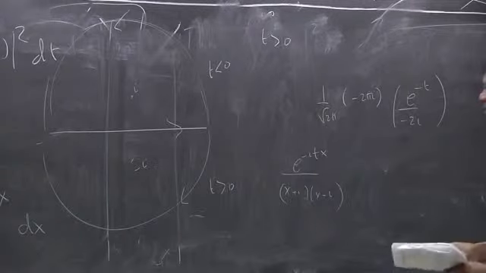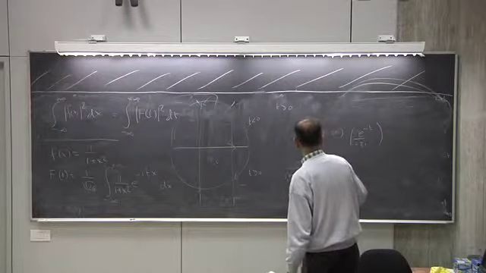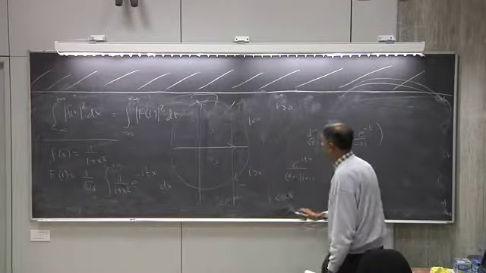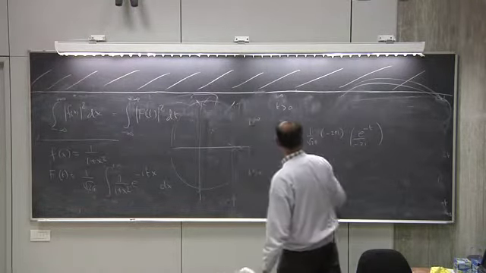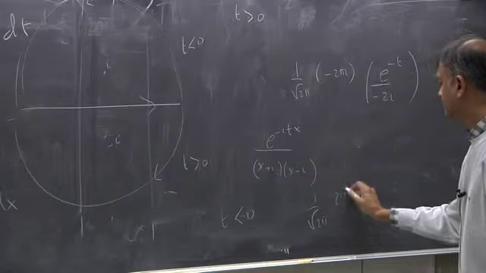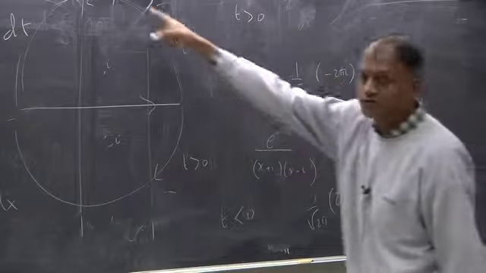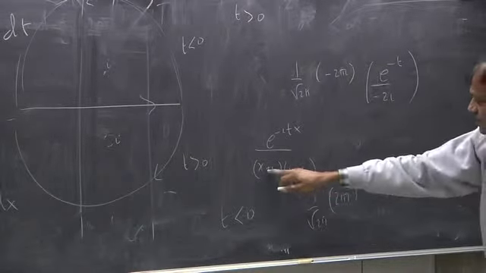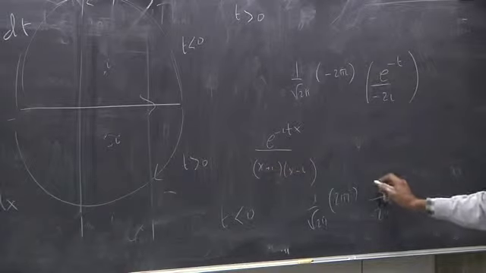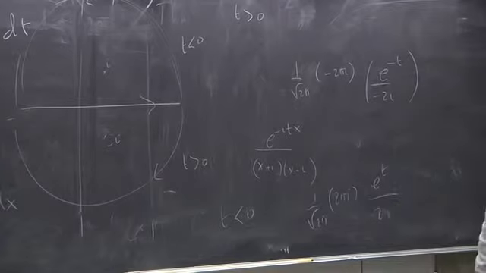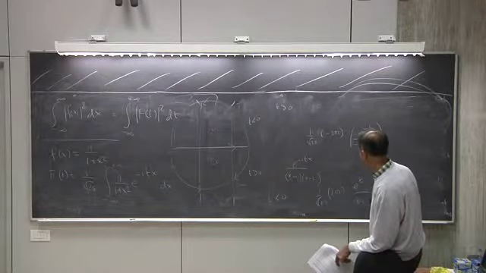So that is for t positive. For t negative, you have this contour. You just get 1 over root 2 pi times 2 pi i, because now there is no extra minus sign since it's counterclockwise. The residue is now at x equal to i, so there is a 2i times e to the plus t. This is for t less than 0.